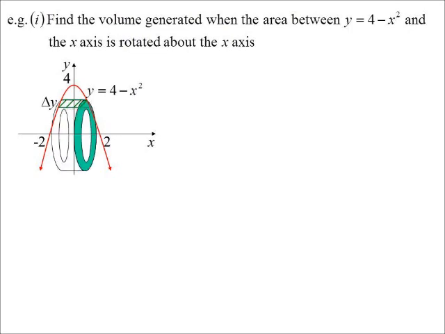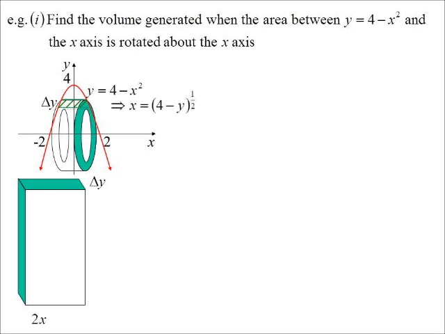If I rotate that, I would get my cylinder, which I'm going to unwrap and make a rectangular prism. Thickness is delta y. Now, the height of that is going to be twice the x value, because we've got symmetry either side there. So down the bottom I've got 2x, but I want that in terms of y.